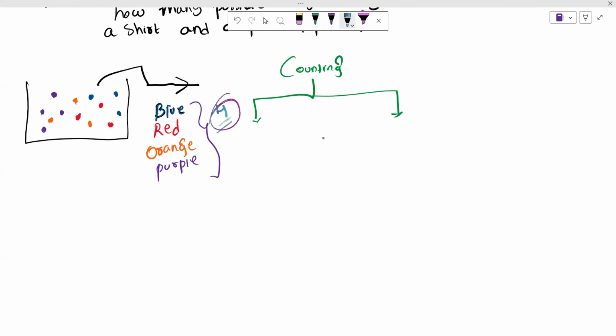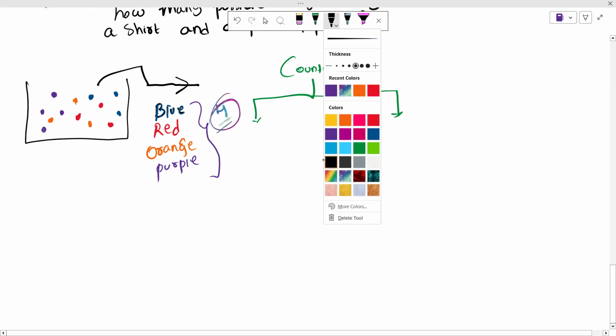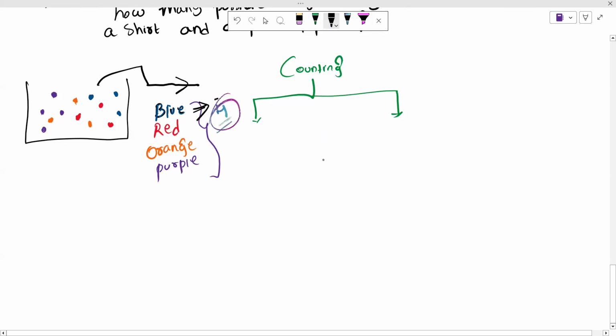But right now, if I ask you how many total balls are there, first of all you will say, sir, in blue, total three balls are there. In red, total three are there. In orange, total three are there.